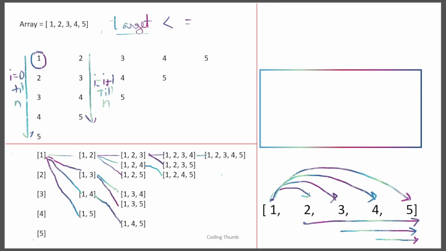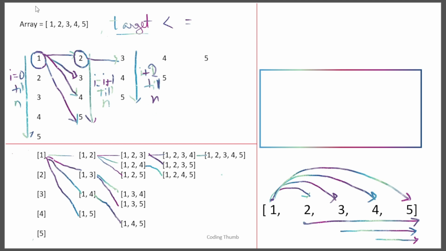From each i equals 0, can you see that we are actually making a recursive call which iterates from i plus 1 till n. And from each of these, we again make a recursive call to go from the previous i plus 1 to again another i plus 1. So it becomes actually i plus 2 till n.